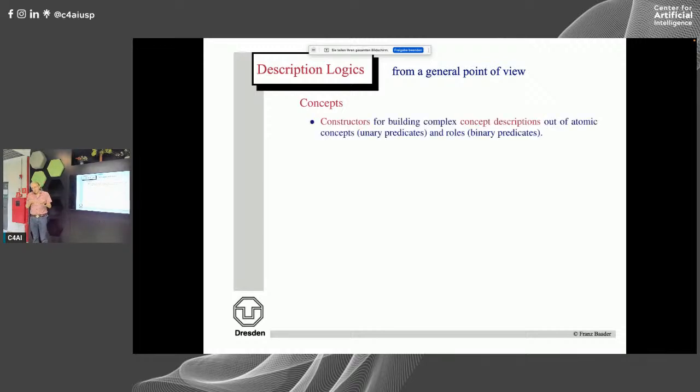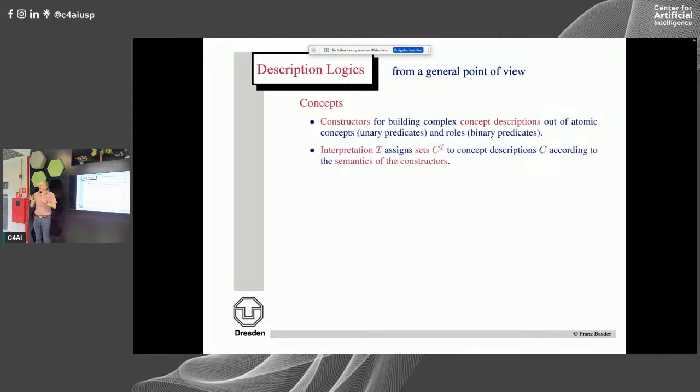Now, in a description logic, you can build complex concept descriptions. And for that you have constructors. So you have constructors that allow you to build complex descriptions of concepts. And this is based on using what we call atomic concepts, which for logicians are unary predicates, and roles, which for logicians are binary predicates.